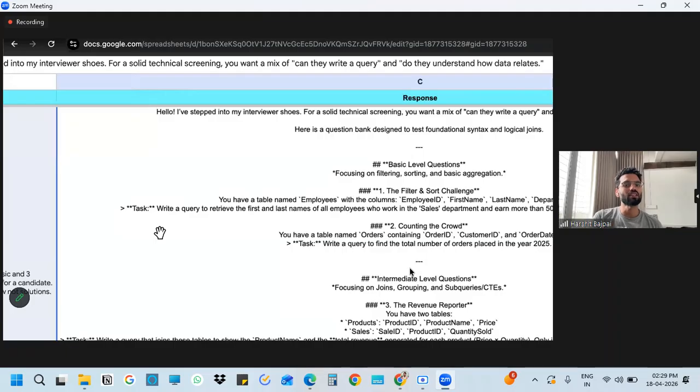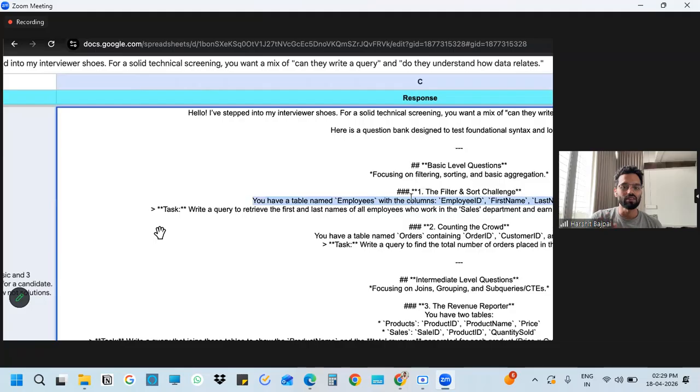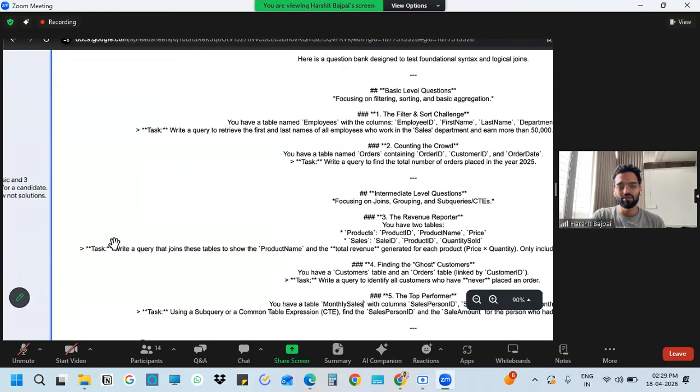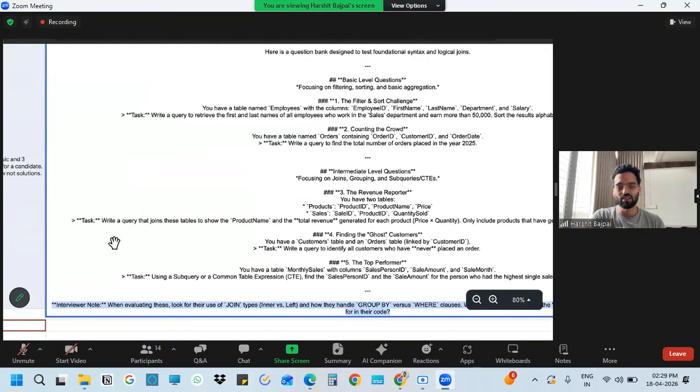At times, it is okay to not have the data set, but you need to give the schema. That is compulsory in SQL questions. Again, these things are not needed. In the interview, I would not take questions like this. I will just have the question. Again, we don't need the interview note, etc.